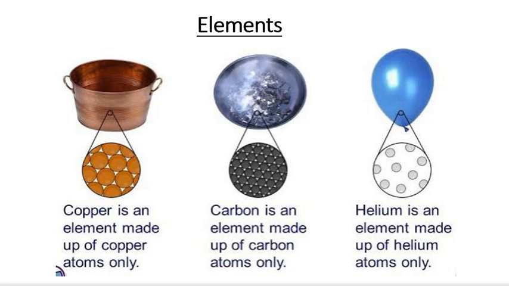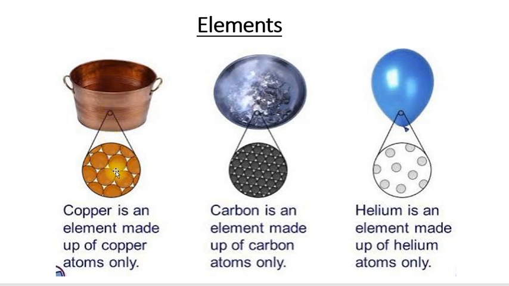You can see over here copper, carbon, and helium. Helium is a gas. Over here there is carbon. Copper is a metal, carbon is a non-metal. This is a pot or a tub made up of copper. You can see there is one kind of atom in it.